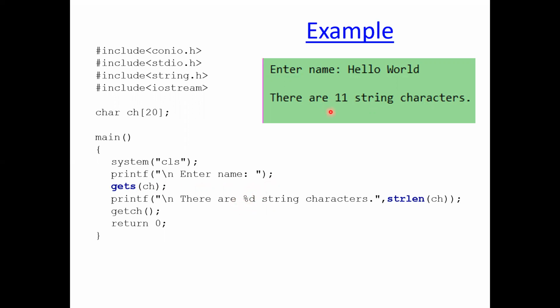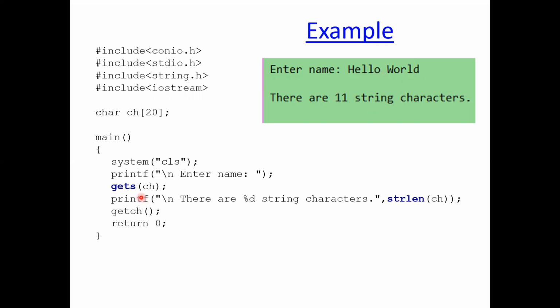It's displaying 11 string characters, but if you count, there are just 10 letters here. So how come it's displaying 11 characters? It's because from the first letter to the last letter, it's also counting the spaces in between the words or characters.